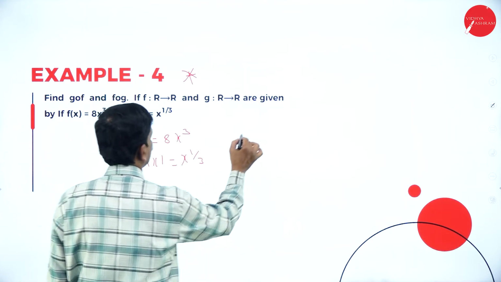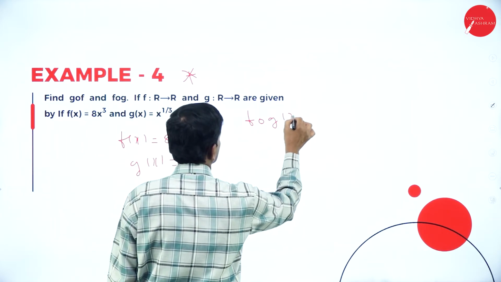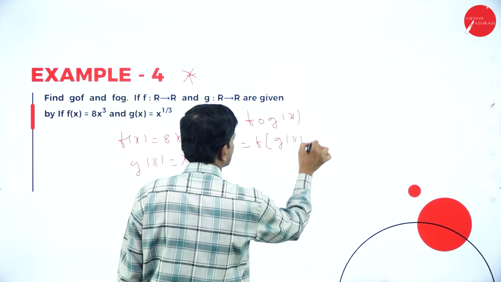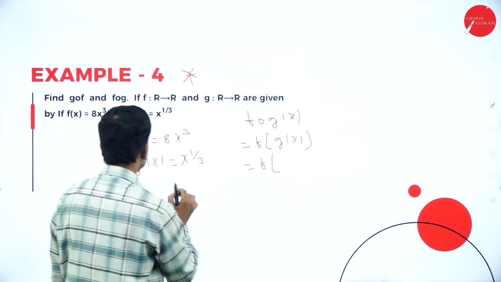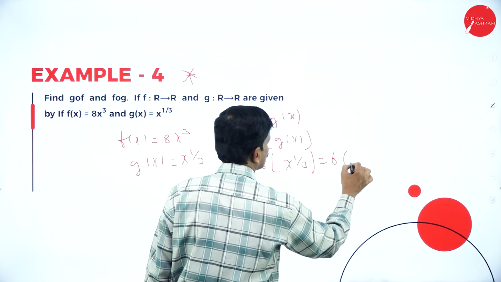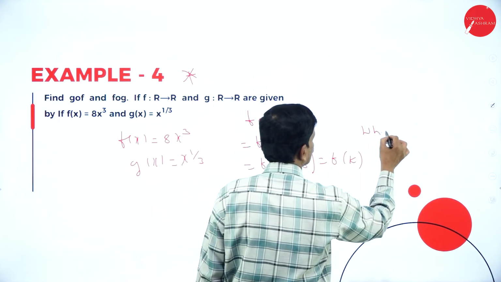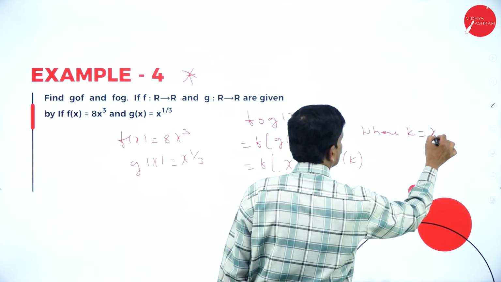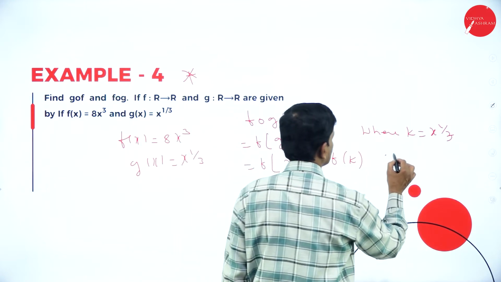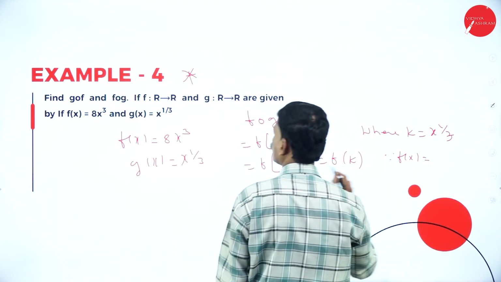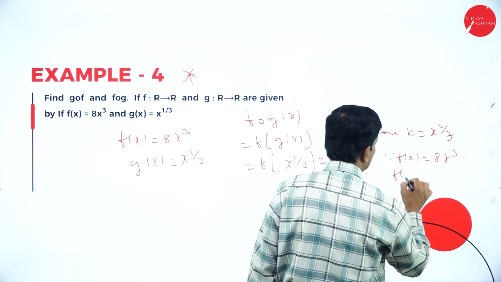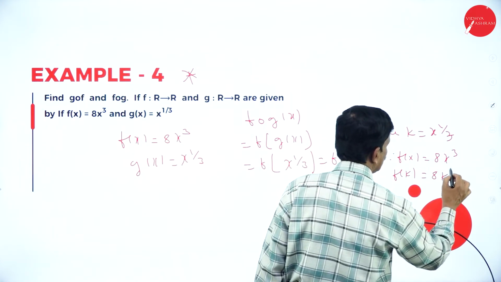Now let us find f naught g of x. f naught g of x is equal to f of g of x. This is f of, what is g of x? x to the power of 1 by 3. As usual, consider this as k, where k is equal to x to the power of 1 by 3. Since f of x is given, f of x is equal to 8x cube, just replace x by k, then this becomes 8k cube.